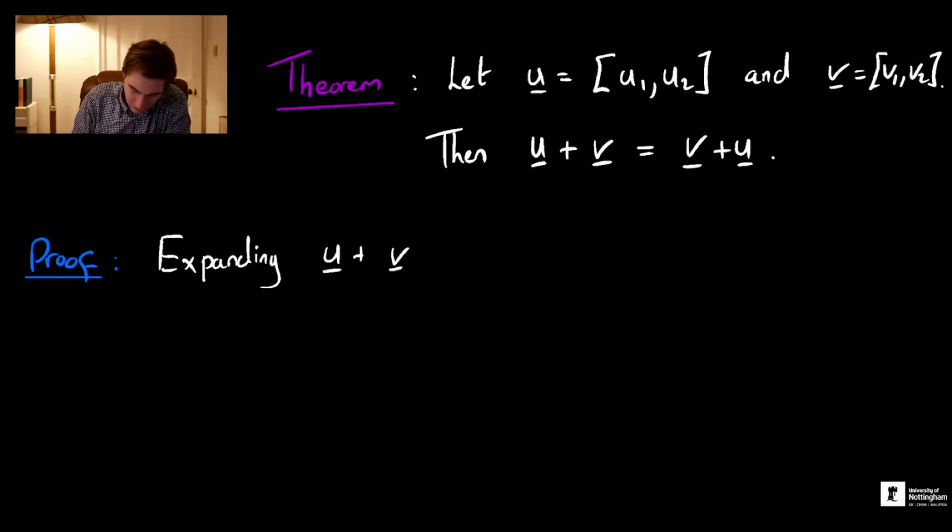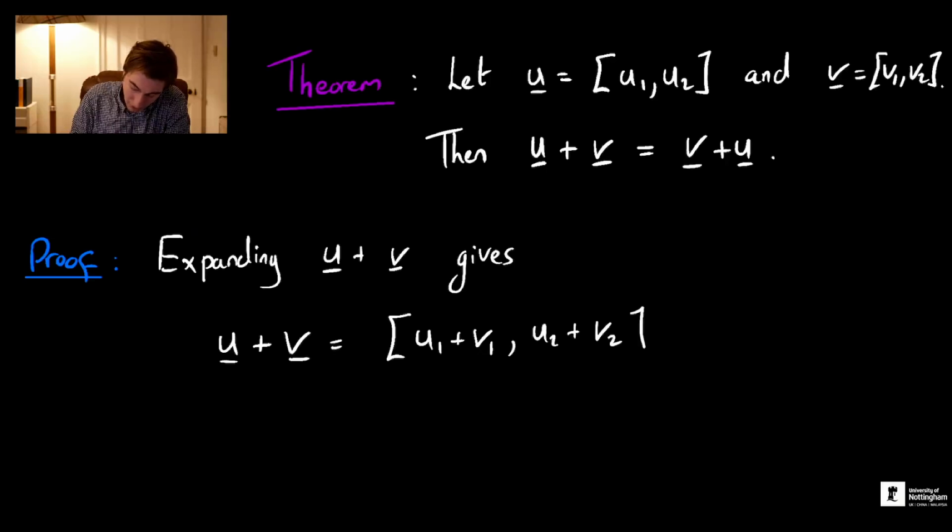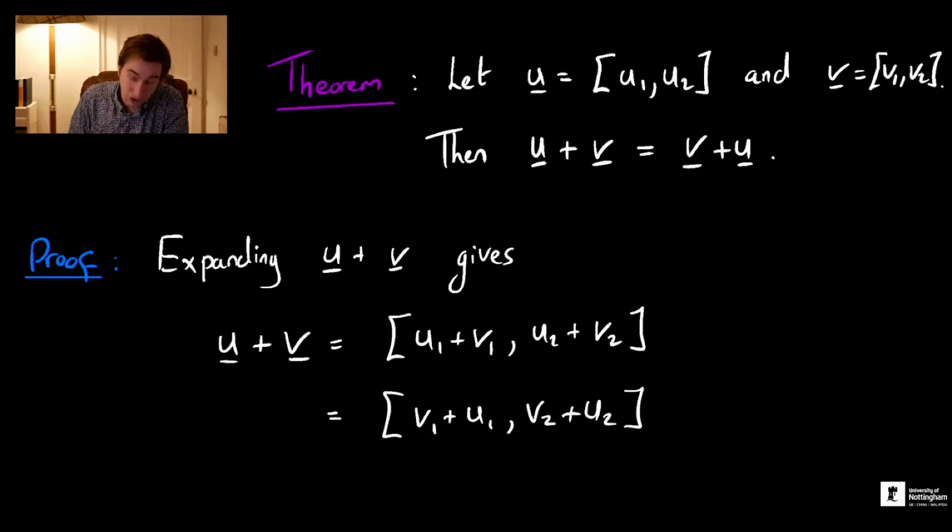So expanding u plus v gives what? We've got u plus v by definition is u1 plus v1, comma u2 plus v2. But by the definition of addition on the real numbers, so recall that this is a different addition, that's the same as v1 plus u1, comma v2 plus u2. And that's because addition is commutative on the real numbers.